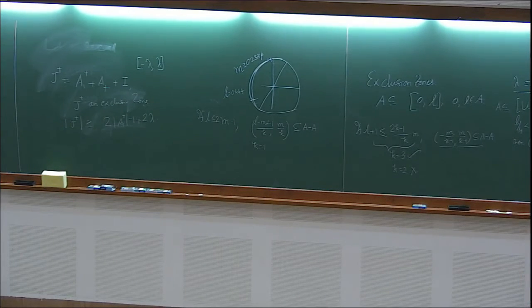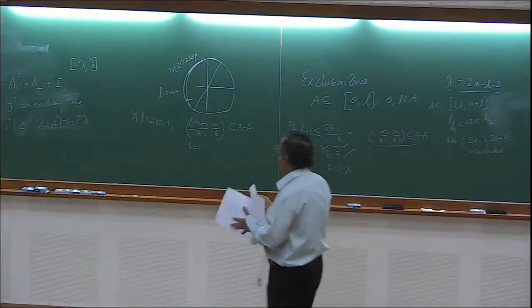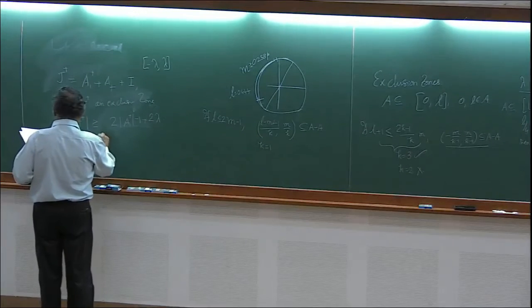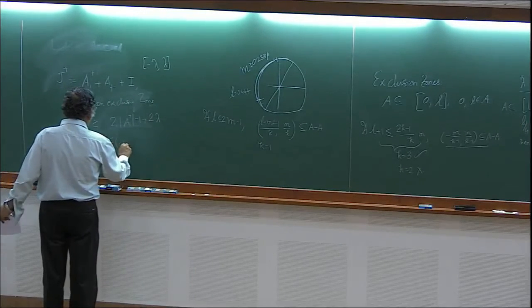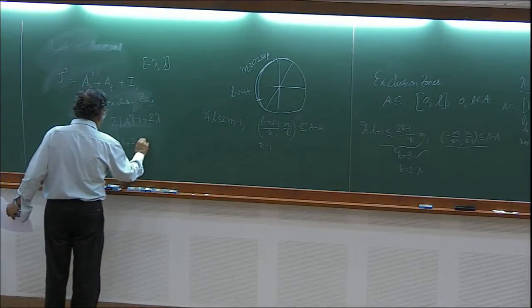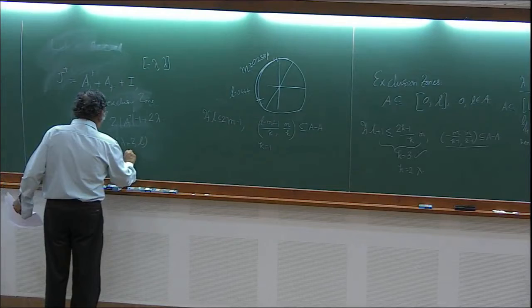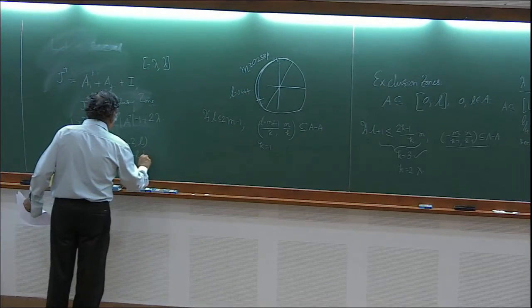And what is more important is that one can again define from this J1 plus, that this J1 plus lies between lambda plus 2 comma L. And the same thing for J1 minus, which would be contained in the negative part of that.